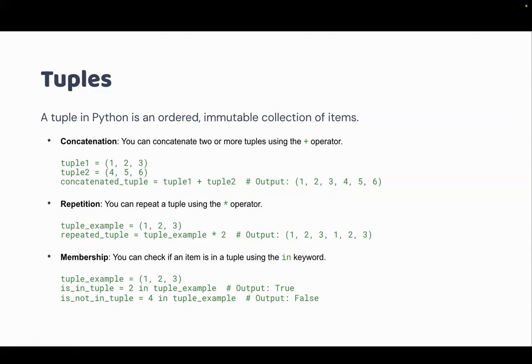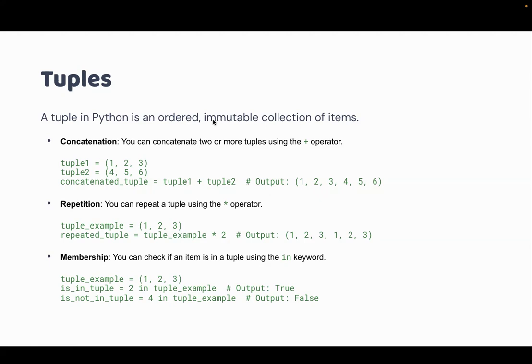Is the word tuple a function, or are they just using it as an example? Tuple is actually a variable type, I think, like a data type in Python. So it's like a list, just a special variable type, because list is mutable and tuple is immutable.